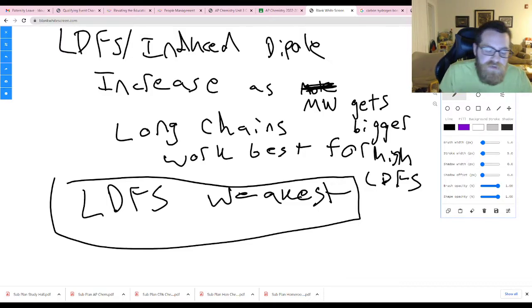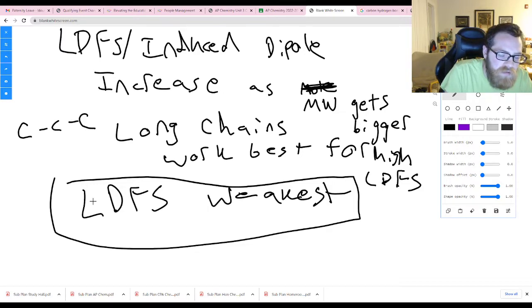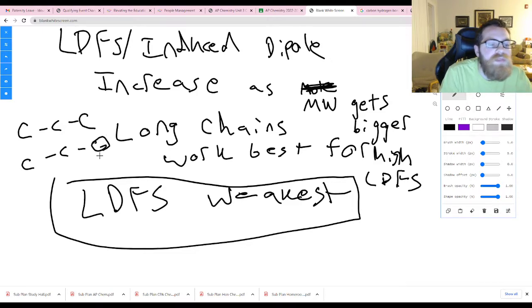So I'm comparing 3 carbons in a chain with the hydrogens needed to 2 carbons and then an oxygen, right? If I change one thing here and I make a polar bond here, I'm changing just a single thing that you can see. Changing the one single thing, right, makes it easy to compare.